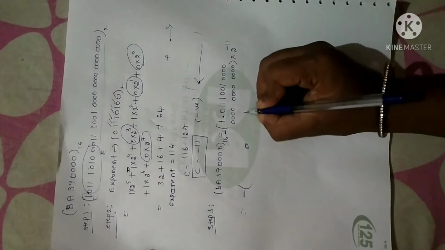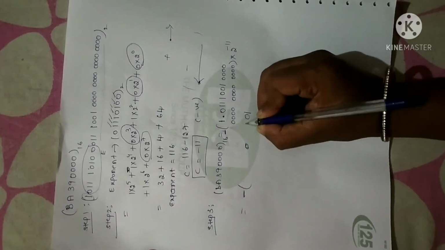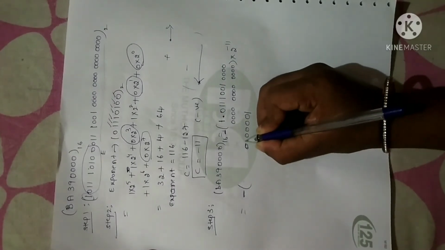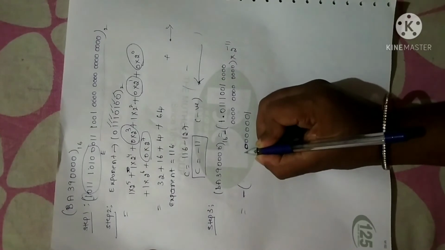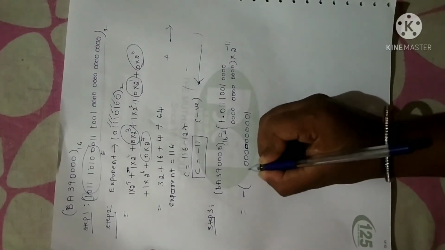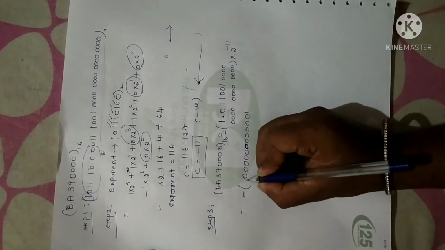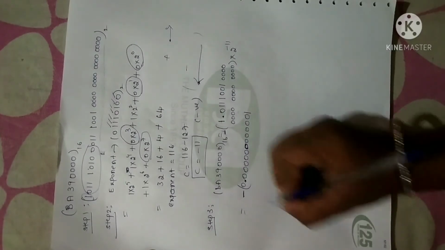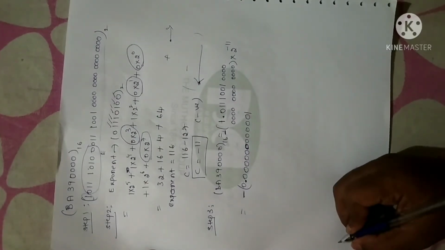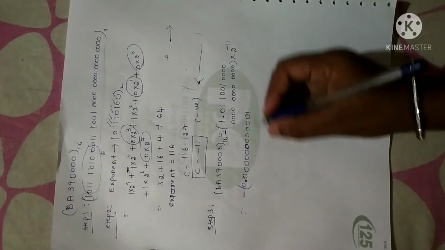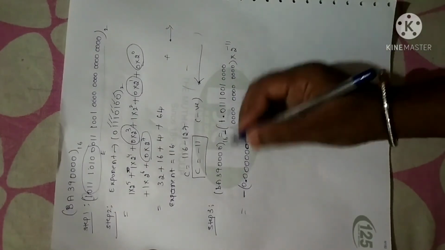First digit you write as it is. Shift by 11: 1, 2, 3, 4, 5, 6, 7, 8, 9, 10, 11. Now you keep the point here, 0. Clear? I am repeating once again. Since we are shifting the decimal, why?